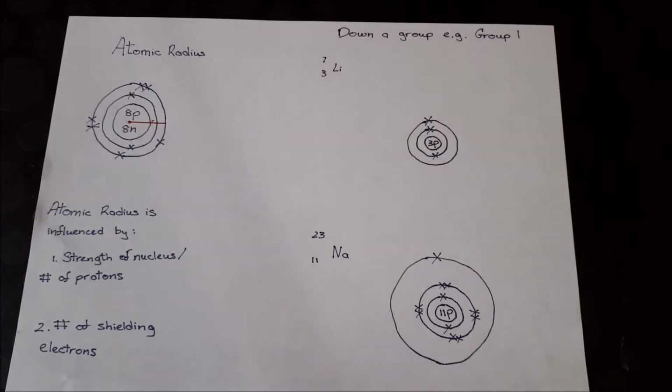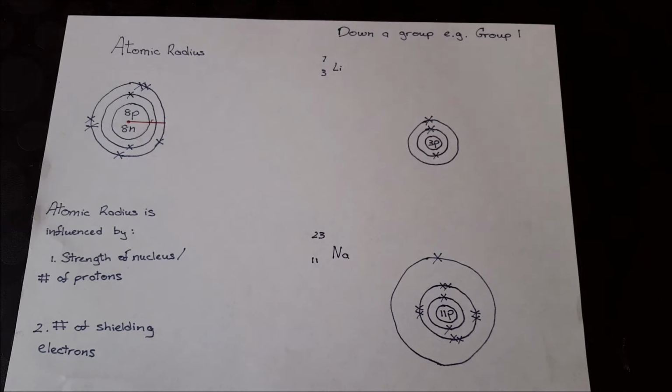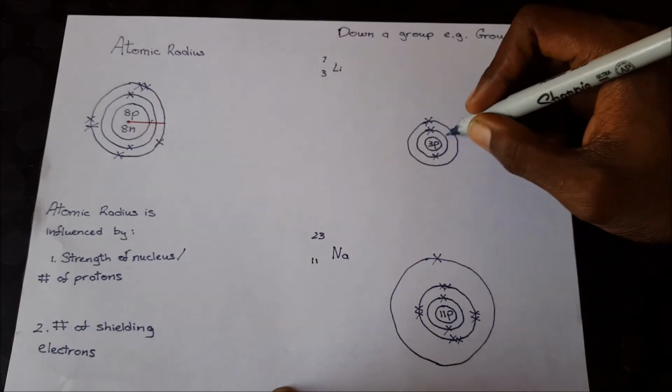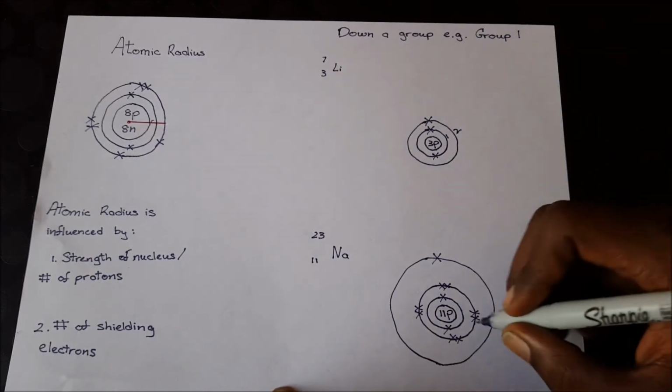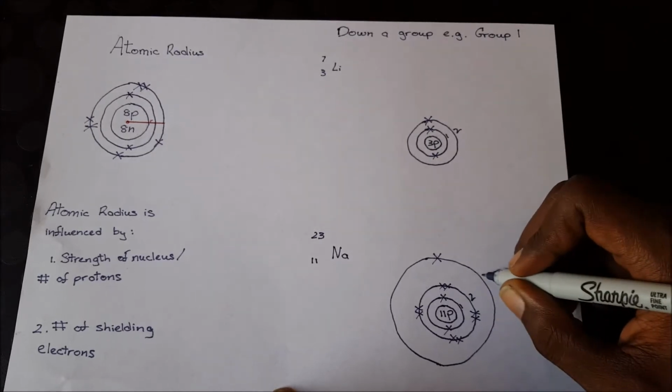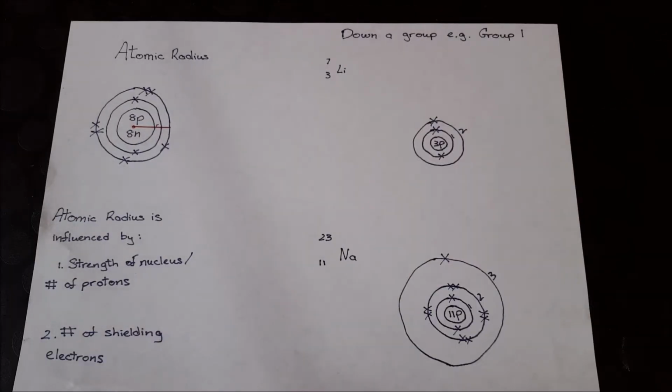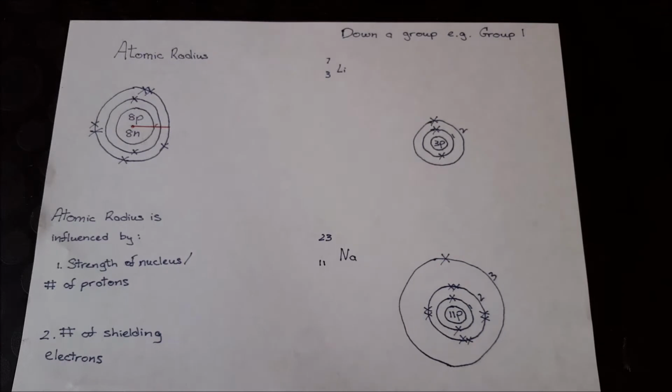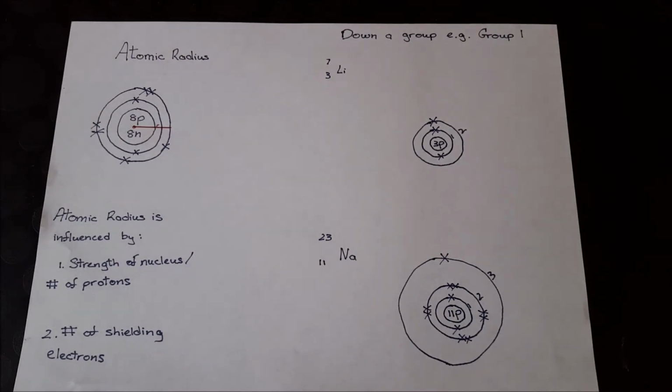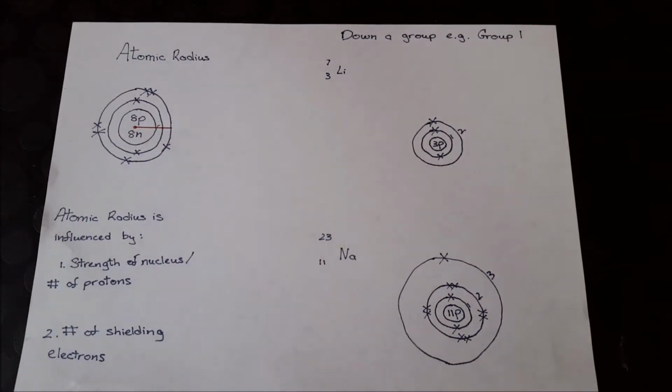Firstly, sodium has more electrons than lithium and therefore also has more electron shells. Lithium only has 2 electron shells while sodium has 3. And so, because you've added an entire electron shell, you automatically increase the radius.